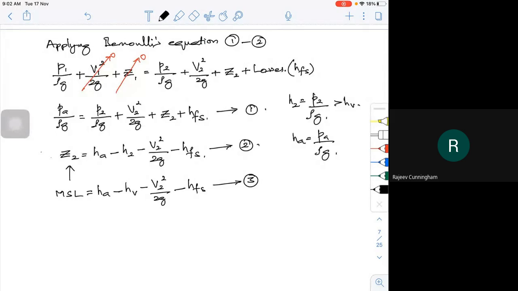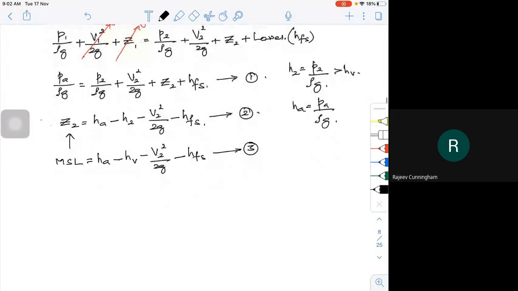Now the same expression I can write as MSL equal to your atmospheric head minus, with everything brought under one bracket, plus HFS. If you observe closely, ideally HA should be my maximum suction lift. That means your pump has to work under atmospheric head.